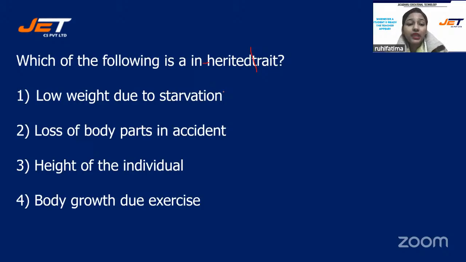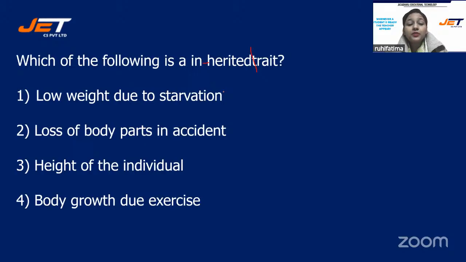The question will be like, which of the following is an inherited trait? And your options are number one, low weight due to starvation. Option number two, loss of body parts in accident. Option number three, height of an individual.